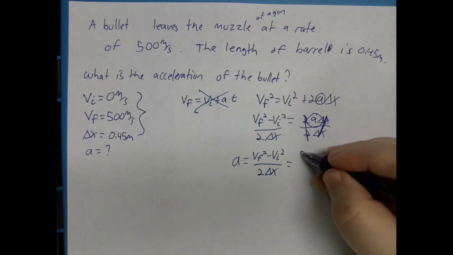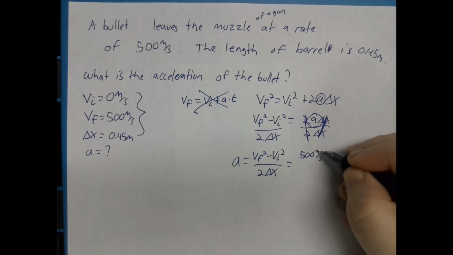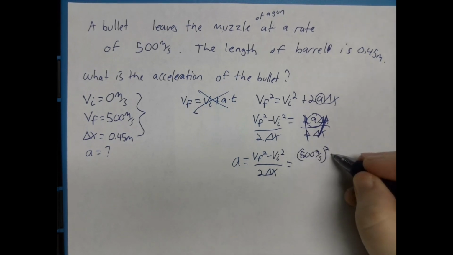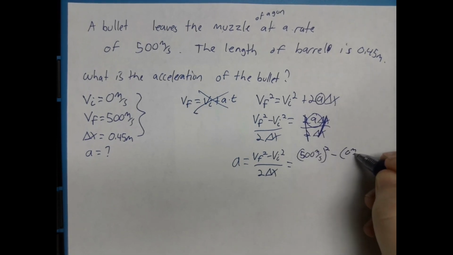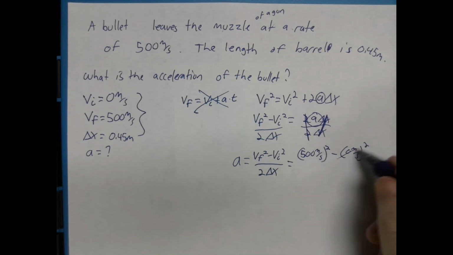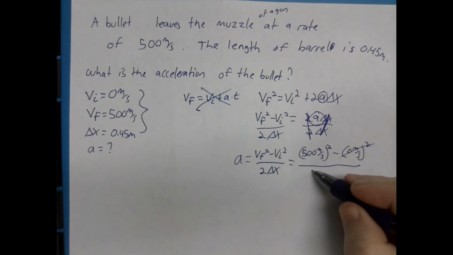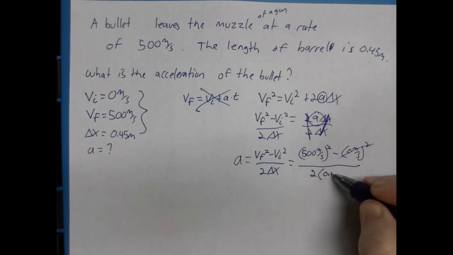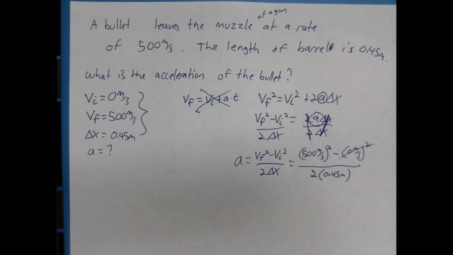So our final was 500 meters per second, the whole thing squared, minus our initial was 0, so we can leave that off, times 2 times 0.45 meters.